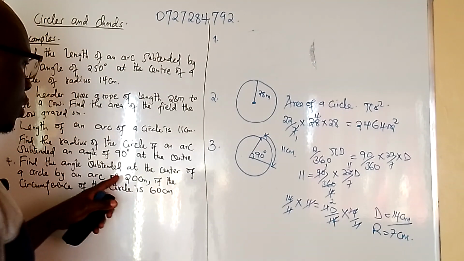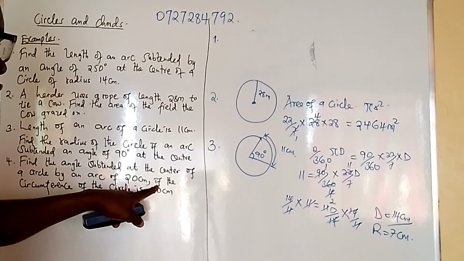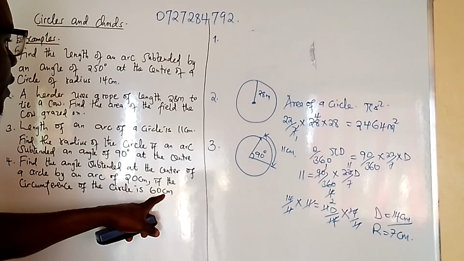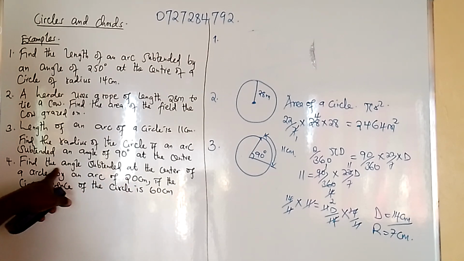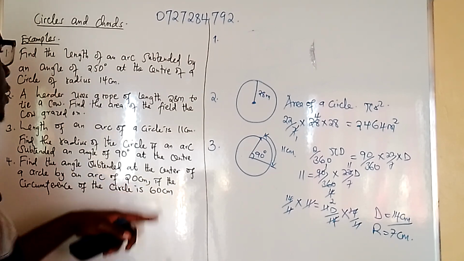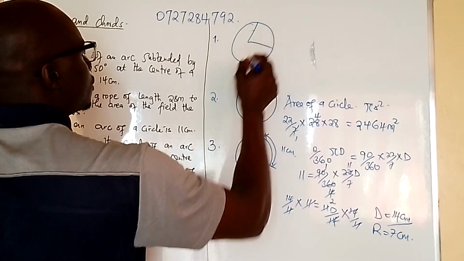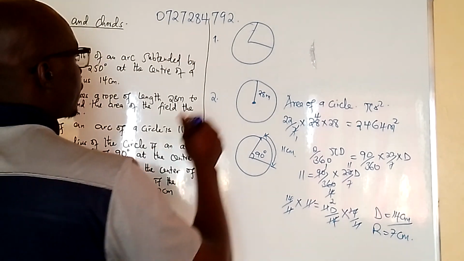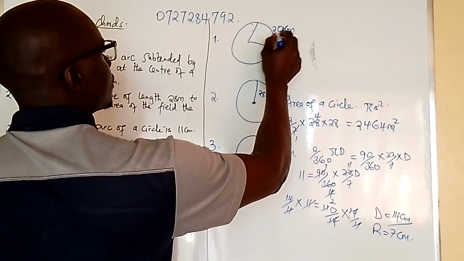Find the angle subtended at the center of a circle by an arc of 20 centimeters if the circumference of the circle is 60 centimeters. Find the angle subtended at the center. Let us sketch our circle. The length of the arc is 20 centimeters.